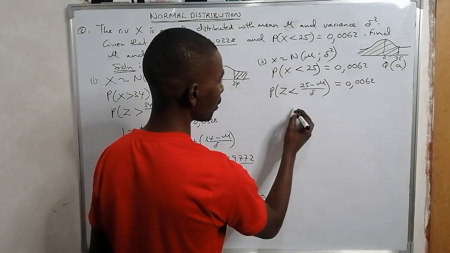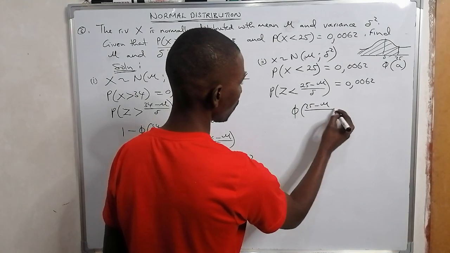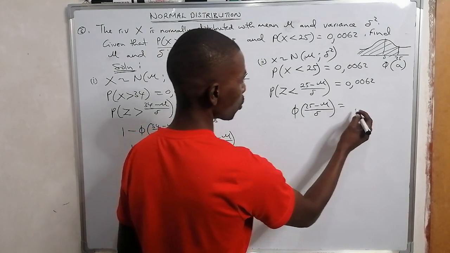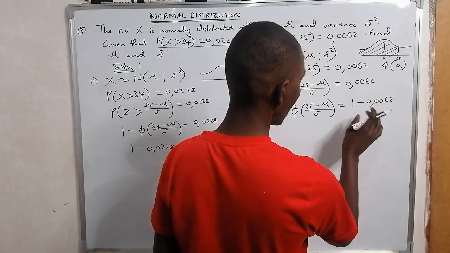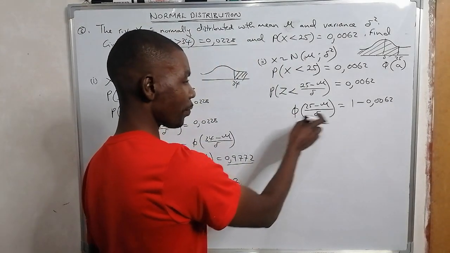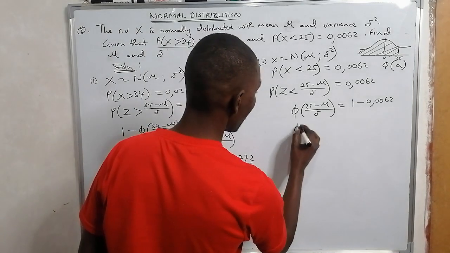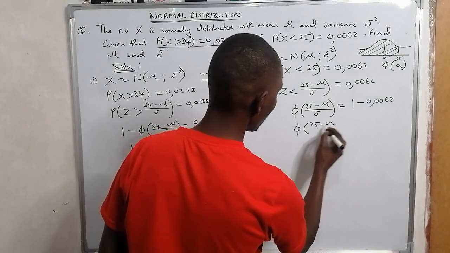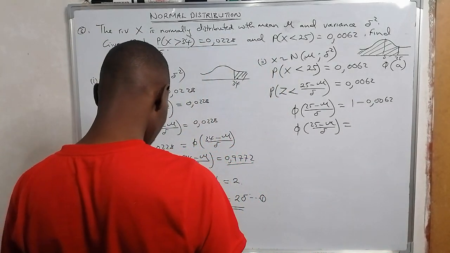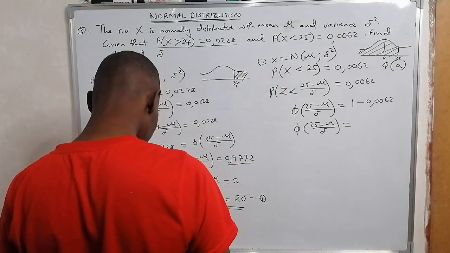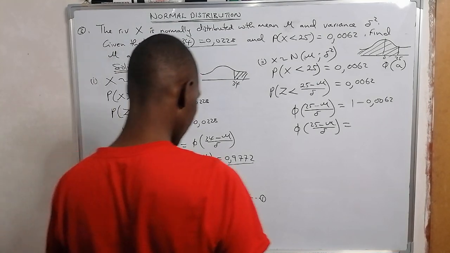For example, we say phi of 25 minus mu over sigma is equal to 1 minus 0.0062. But the answer that we are going to find from arc phi of this one, we are going to multiply by -1. So phi of 25 minus mu over sigma is equal to 1 minus 0.0062, we get 0.9938.